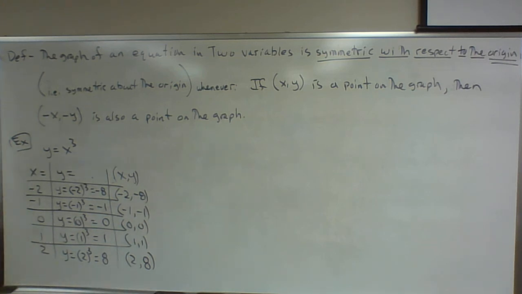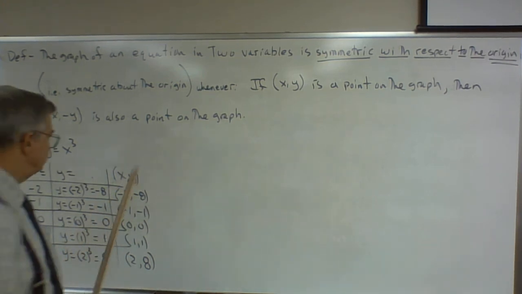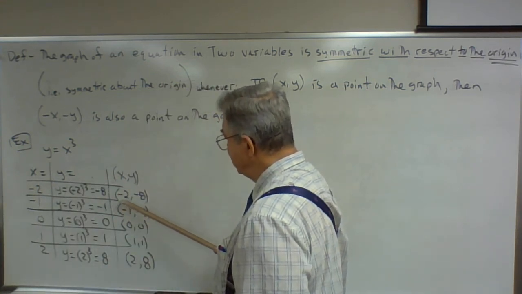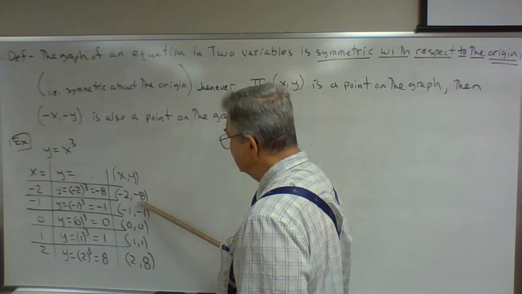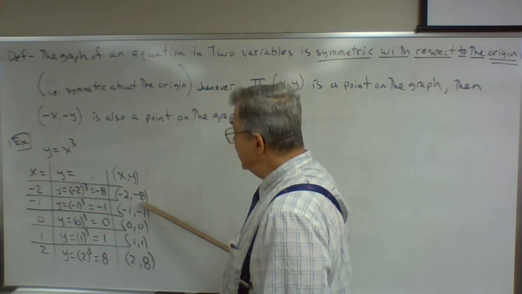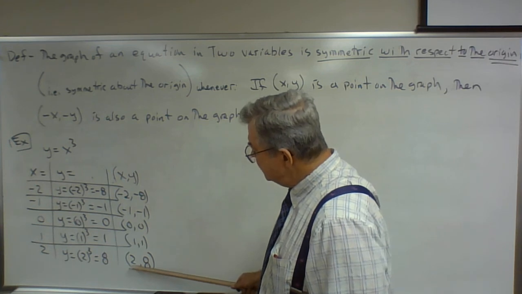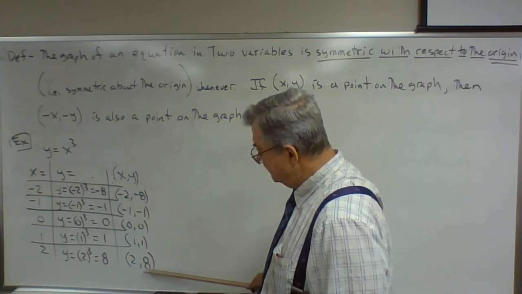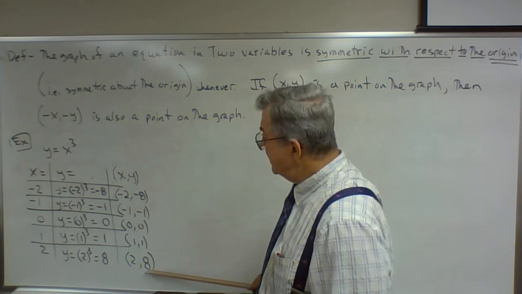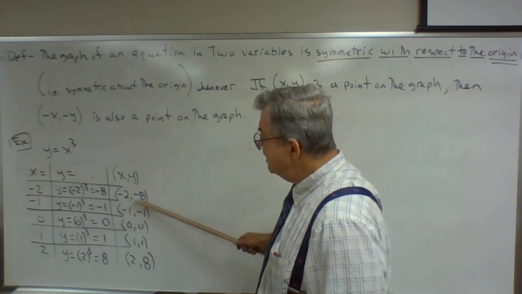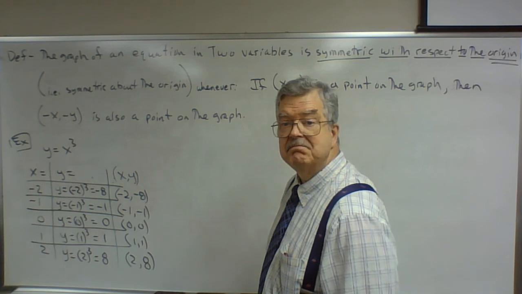Now notice what's going on here. Let's start down here. Take these two coordinates, 2 and 8. Make them both negative. And guess what? (-2, -8) is also on the graph.